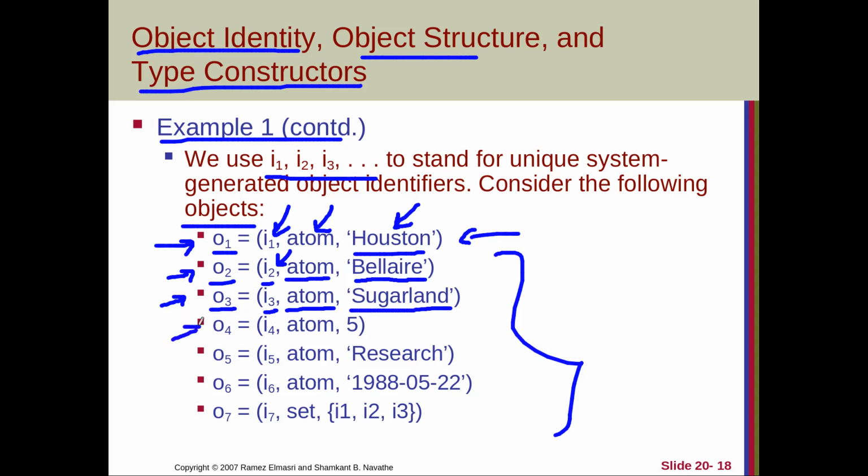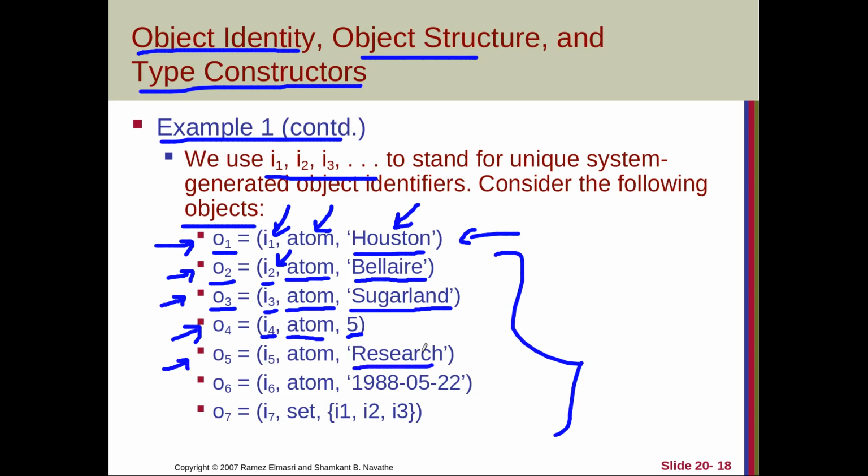Now object number 4, again I4, is also an atom, but the value given is 5. Maybe we can represent it as department number 5. So 5, that single value itself, is an object of type atom, given the identifier I4. Now object 5 is given I5, which is also an atom, Research, which is the department.